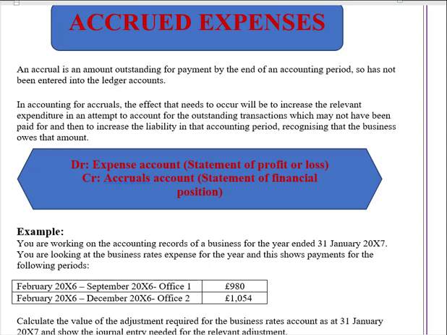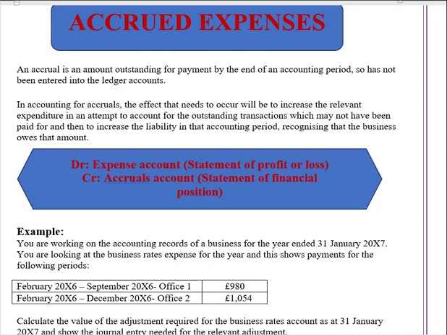That is to say, I haven't paid yet. So the expense is not in my account. But under the accrual concept, we need to make sure that we recognize all our income when it is earned and all our expenses when it is incurred, not necessarily when it is paid. So I have not paid for that invoice. I have not received the invoice.